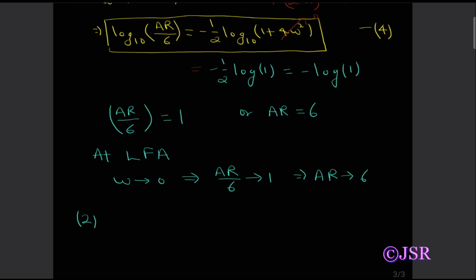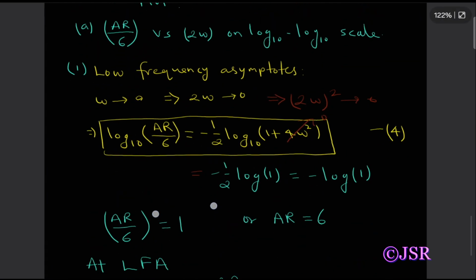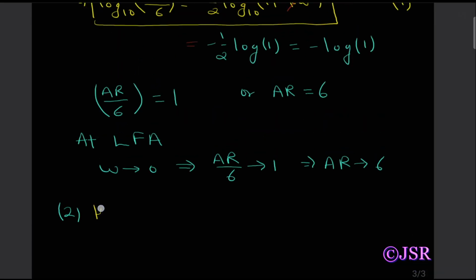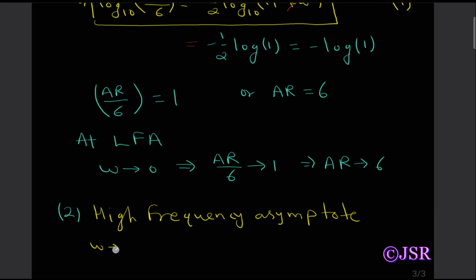Second, high frequency asymptote. So at high frequency asymptote, omega tends to infinity.